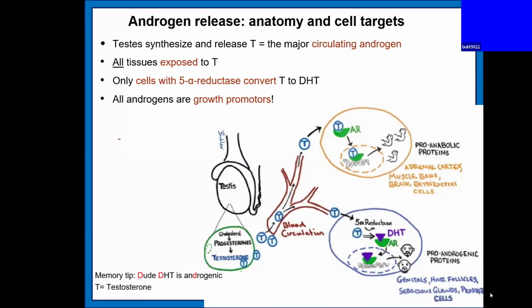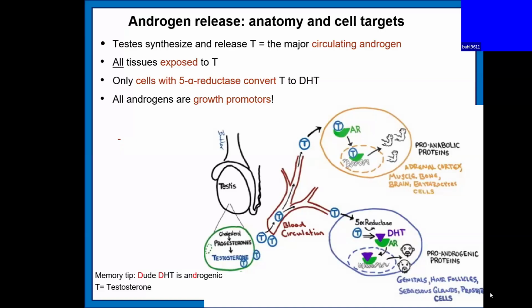So those are, I think of anabolic as metabolic. That's my hint to my brain. So cortisol, muscle, bone, brain, red blood cells, things that I can kind of think about being like I'm exercising. On the other case, when T goes into cells that have 5-alpha reductase, then before the T acts, it gets turned into DHT. That's quick.